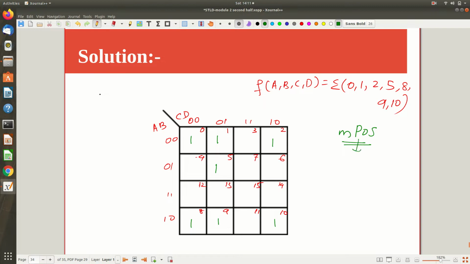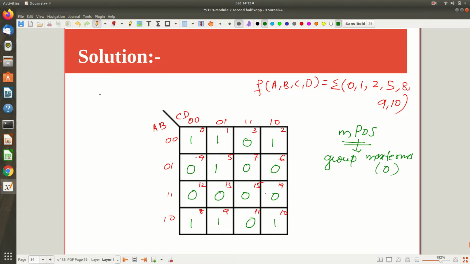So here you have to group what? Group the max terms. Max terms correspond to zeros in the truth table, hope you remember, or zeros in the K-map, because K-map is just a visualization of the truth table, right? So the empty cells are actually zeros. So far we were just ignoring the empty cells, because we were not interested in them. Now we are interested only in the empty cells, because we need the minimum product of sum expression.